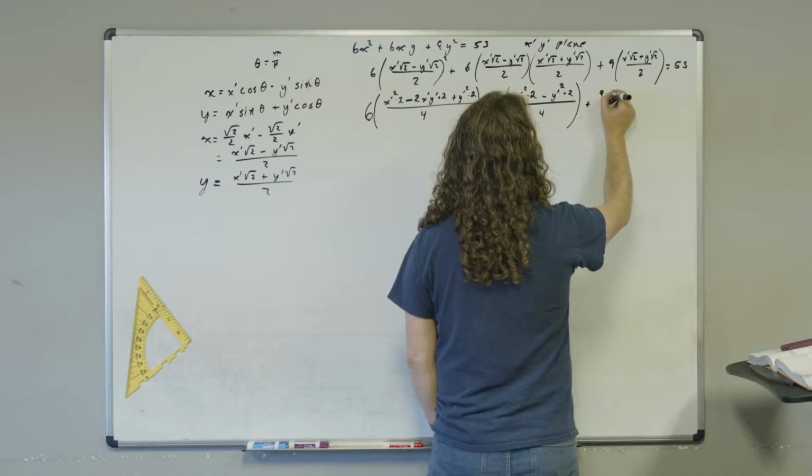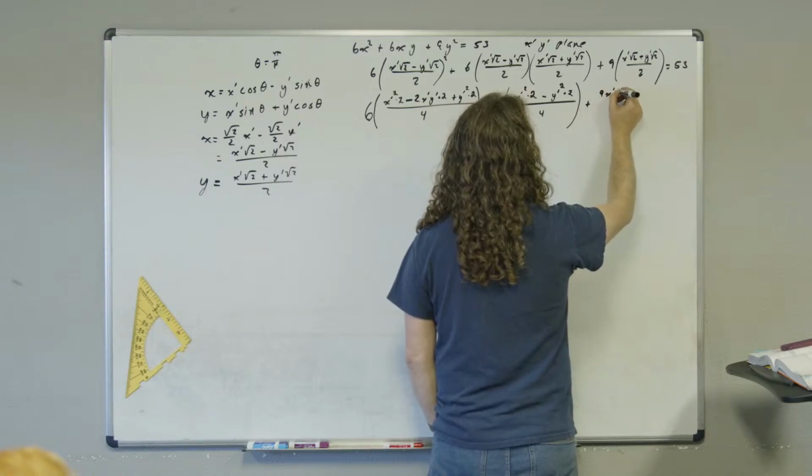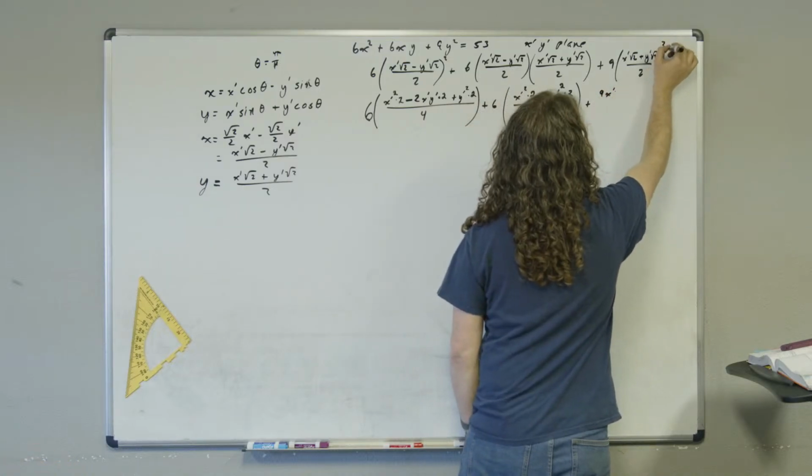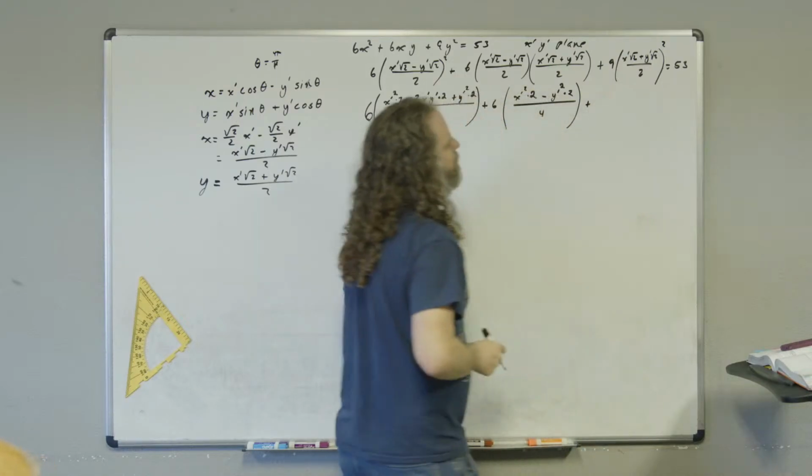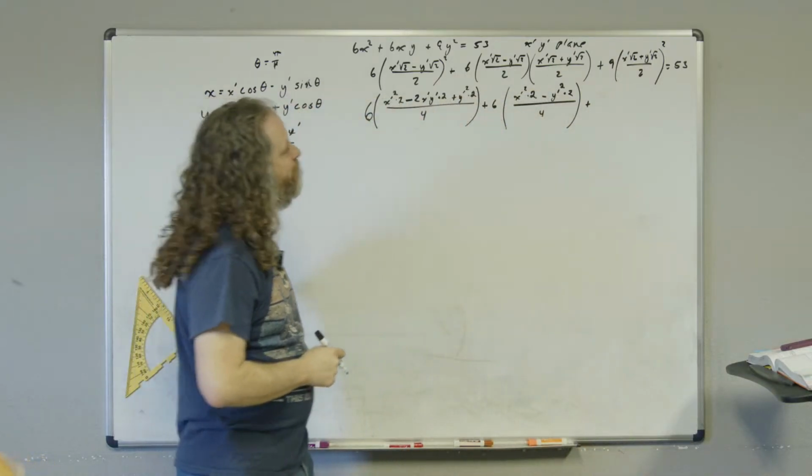Plus 9 x prime. It's supposed to be squared. Oh yeah, that's why. Yeah, thank you.